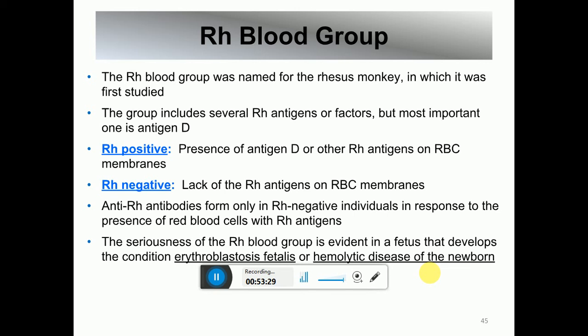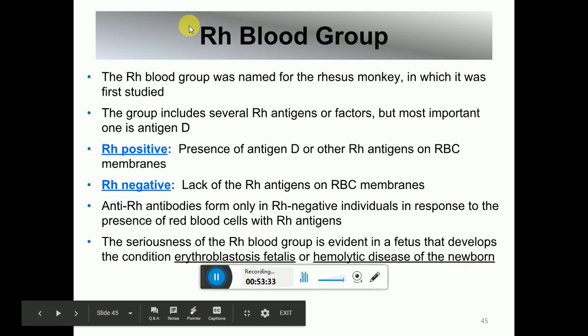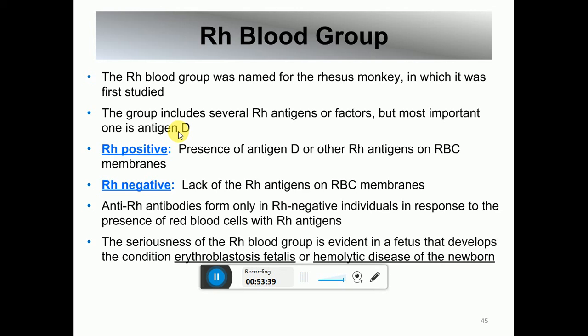So what does the positive and negative stand for? They stand for another antigen known as the rhesus factor, or the Rh factor, also known as antigen D. Okay, so the Rh antigen and antigen D are the same antigen. Rh stands for rhesus, because this antigen was first discovered in rhesus monkeys, and it was named after them.